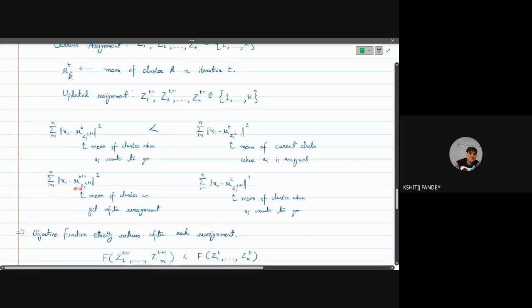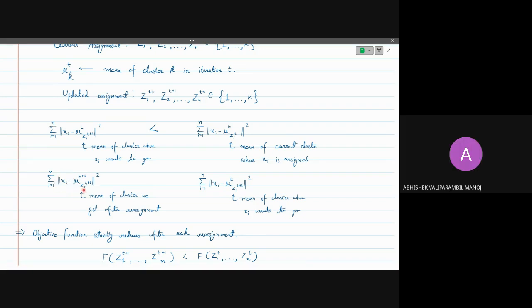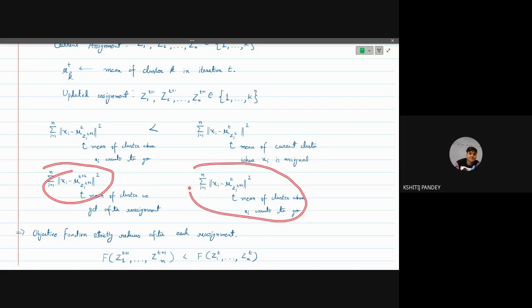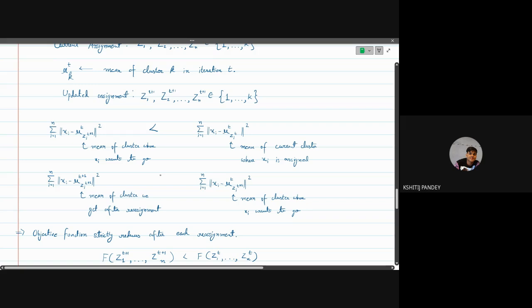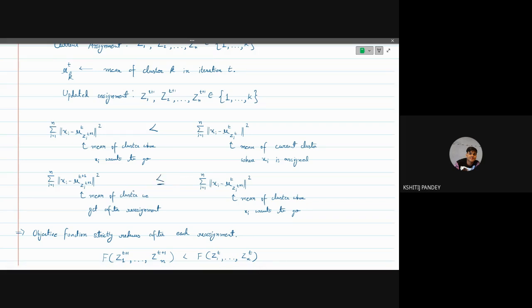And this is the mean of the data points. So now this quantity will be less than or equal to this quantity, correct? Yes. We know it will be less than. So tell me, in what case will it be equal to each other?